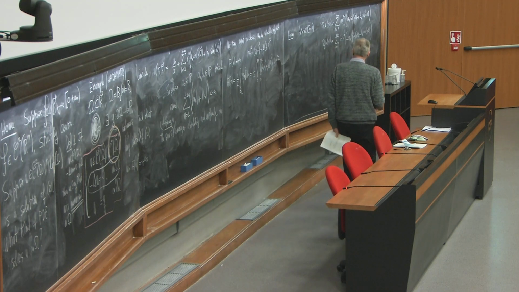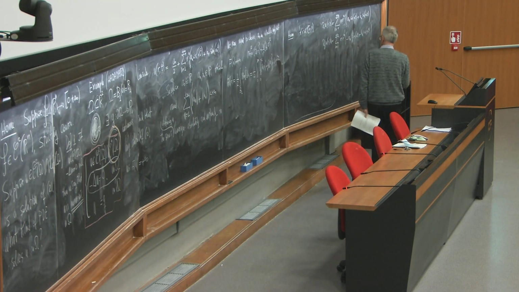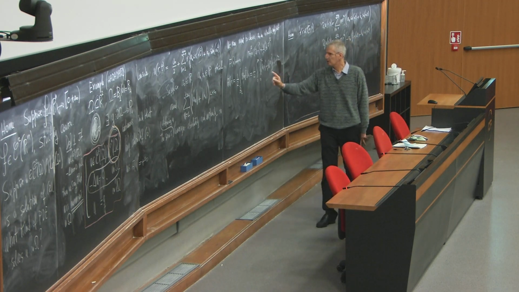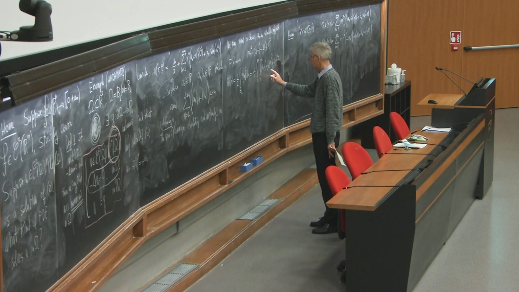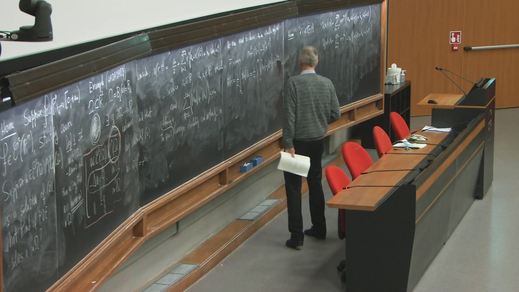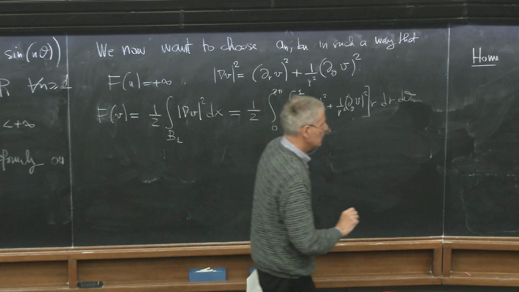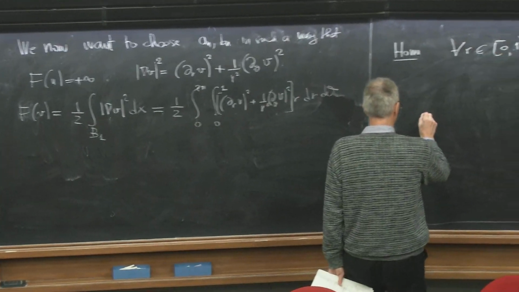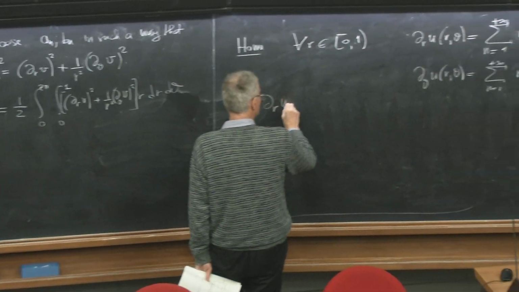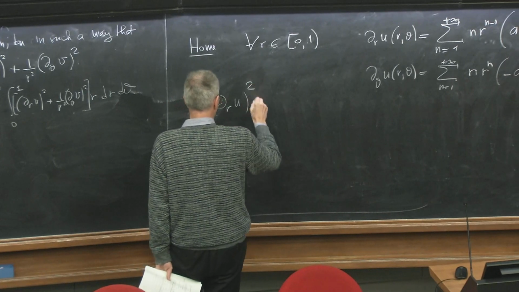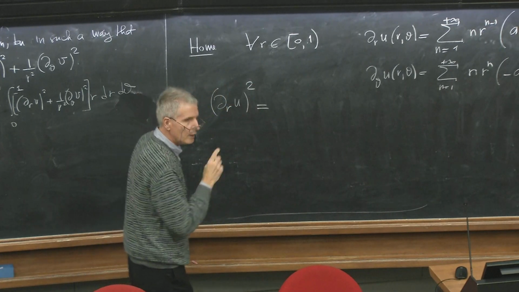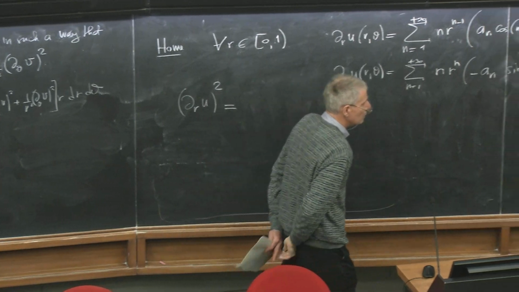Now, I have to compute this and this, because this is my integrand, okay? So, what do I do? Can you help me to do this? What should I do? I have to take the square of this series, right?